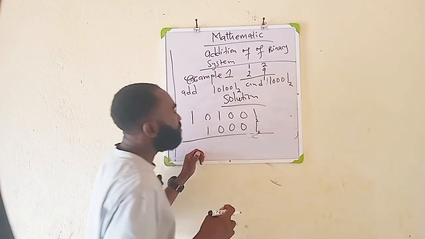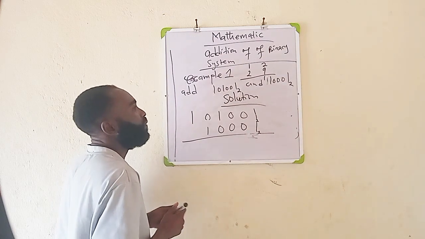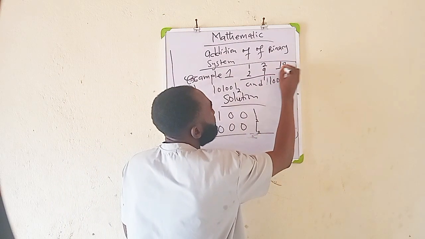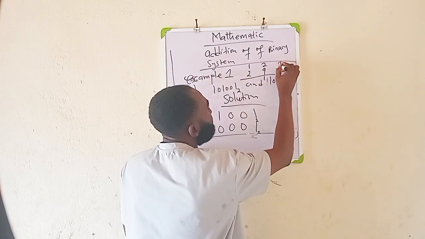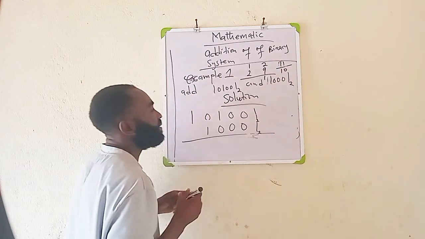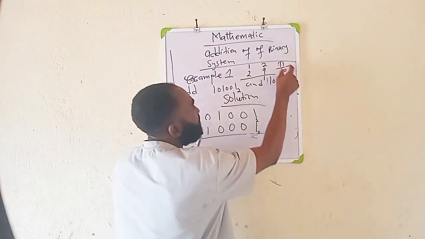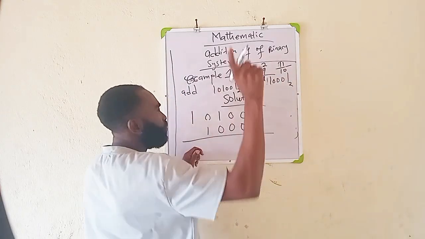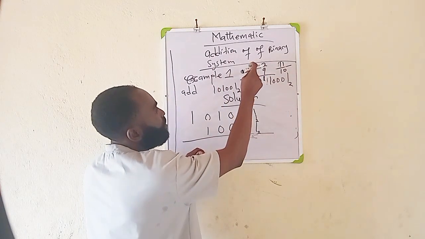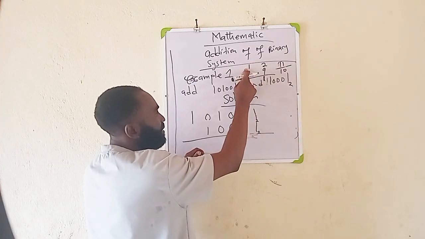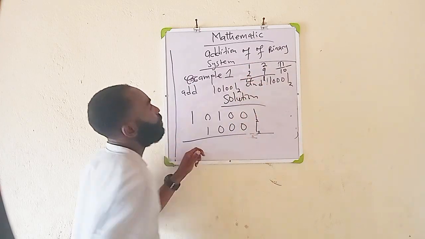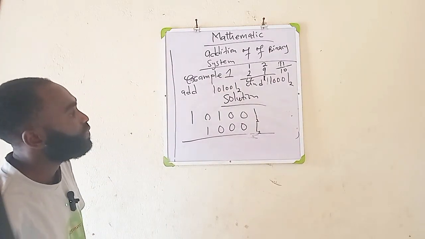How are you carrying that one? Because you are handling base 10, you do 11 divided by 10, which is 1. That is why we carry that one to the next number. Then 1 plus 1 is 2, plus 2 gives us 4. That is how we do it in binary system too.